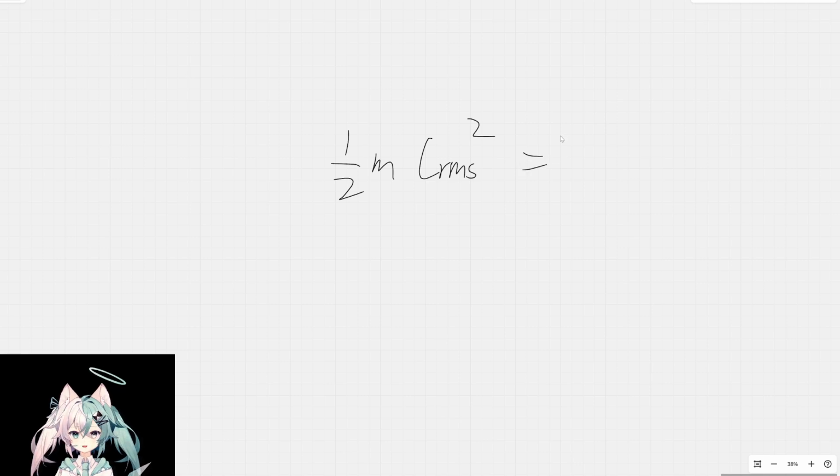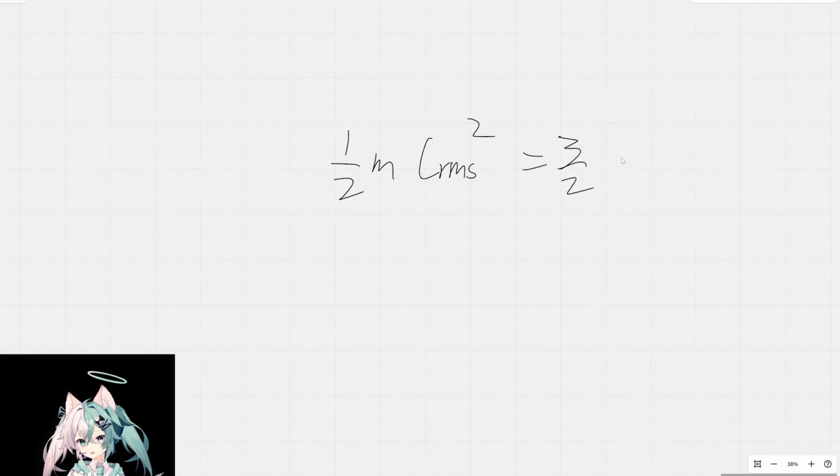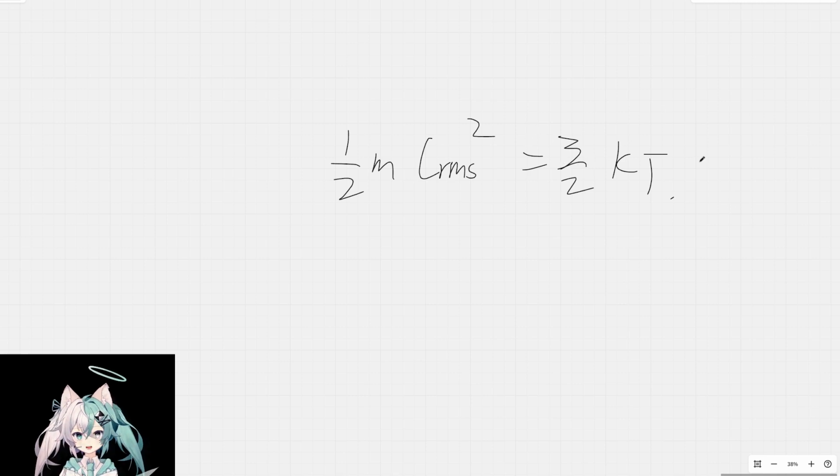Half m c_rms squared equals 3/2 kT. This is another important thing that we are going to use frequently in our exams, in our questions. So those are basically the things about kinetic theory. And then we're going to introduce another thing called Brownian motion.